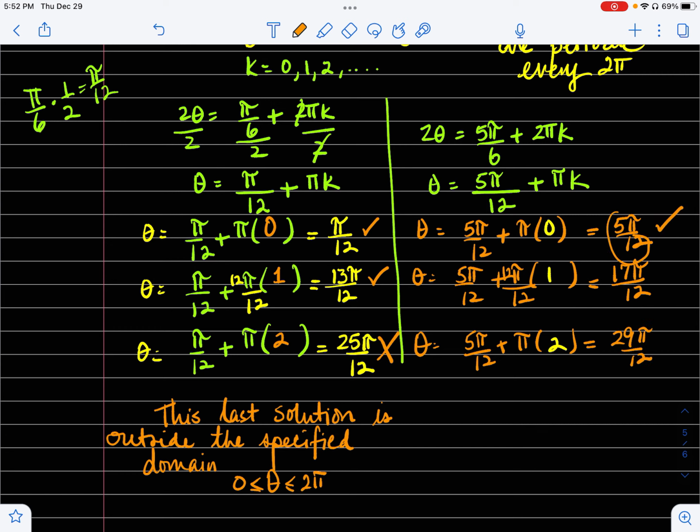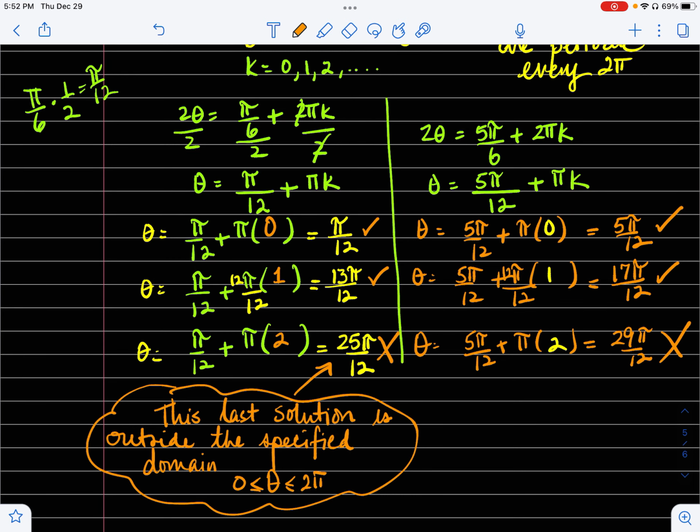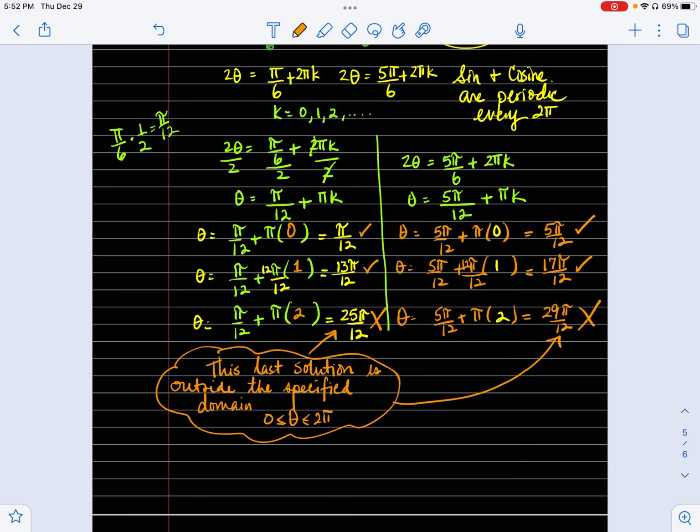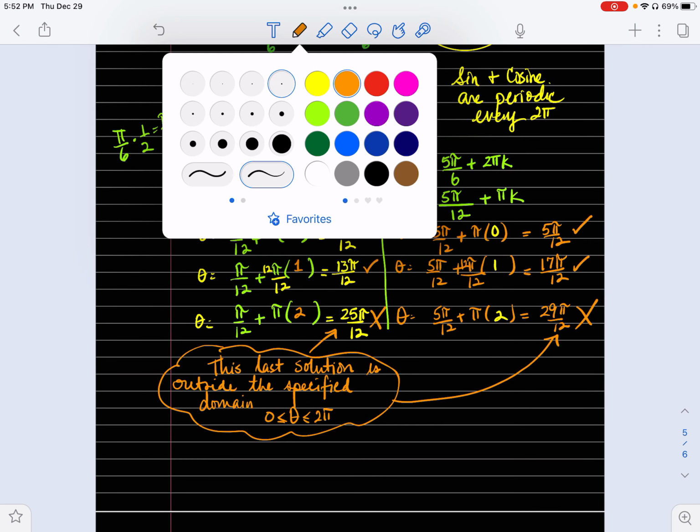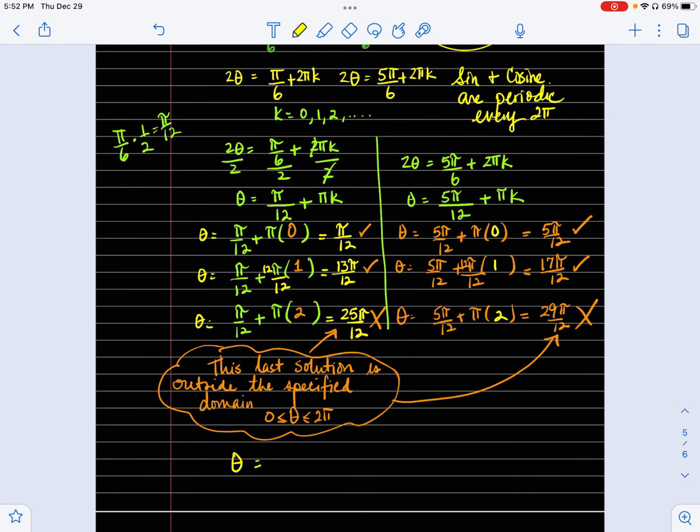Let's analyze these answers. 5 twelfths is clearly less than 2. 17 twelfths is less than 2. 29 over 12 we have gone past. So this part applies to both of these last solutions, which means we have found exactly 4 answers. So theta, that's the first answer, pi over 12.